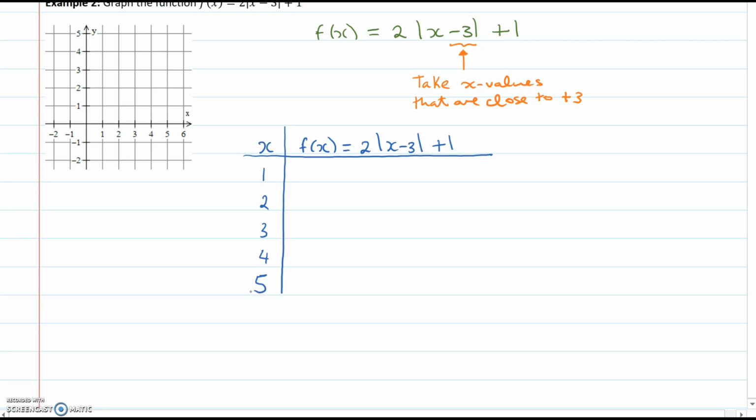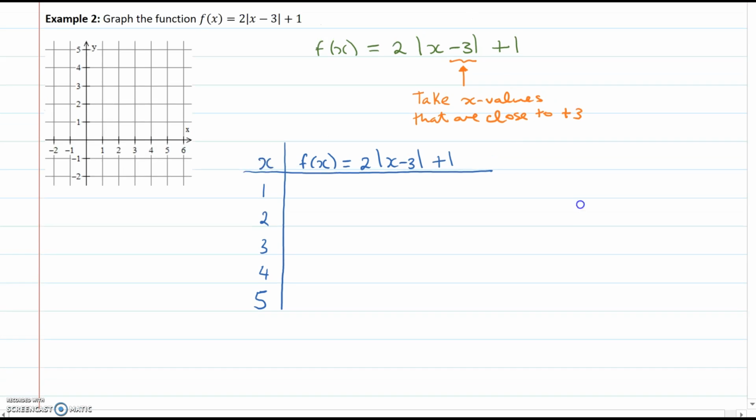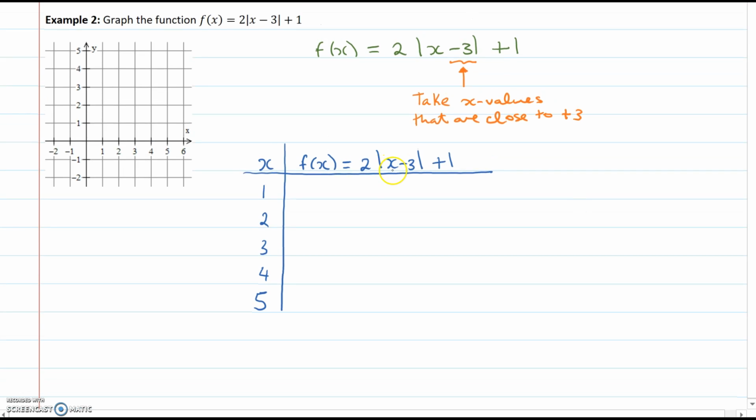Now, what we're going to do is substitute in each x value into the absolute value sign. And that's going to give us 2 times the absolute value of 1 minus 3 plus 1. Let's work out what's inside the absolute value, parentheses or brackets first. 1 minus 3 is minus 2.